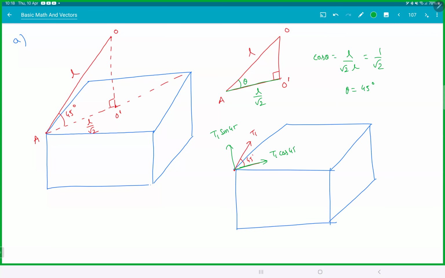One in the plane and one vertical. Similarly, this will also be vertically T1 sin 45, inside T1 cos 45. This will be T1 sin 45. Inside will be T1 cos 45. And the vertical will be T1 sin 45.